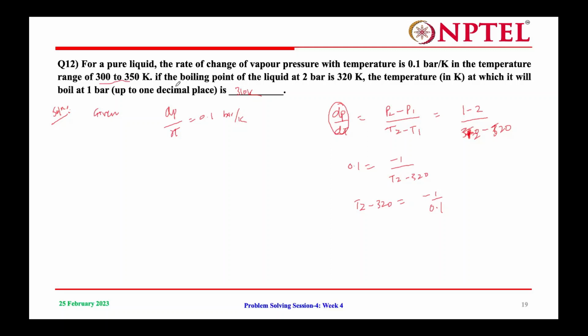It is mentioned that the boiling point of the liquid at 2 bar is 320 Kelvin, so we have to calculate the temperature at 1 bar. Here is 310 and here is 320, so both temperatures are in between 300 and 350 Kelvin, right? Okay.